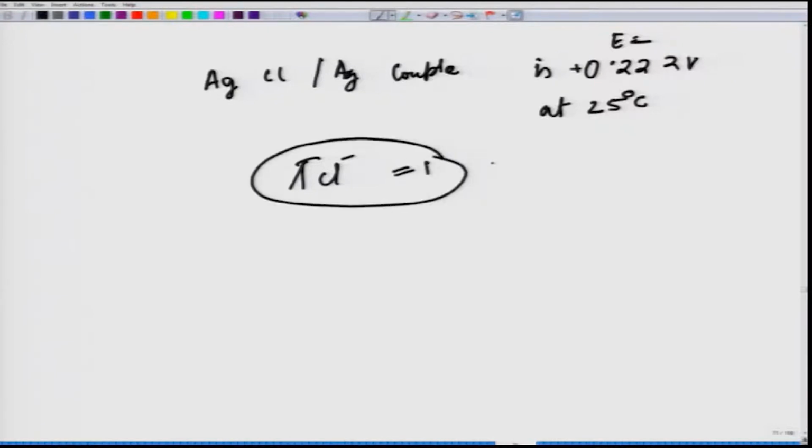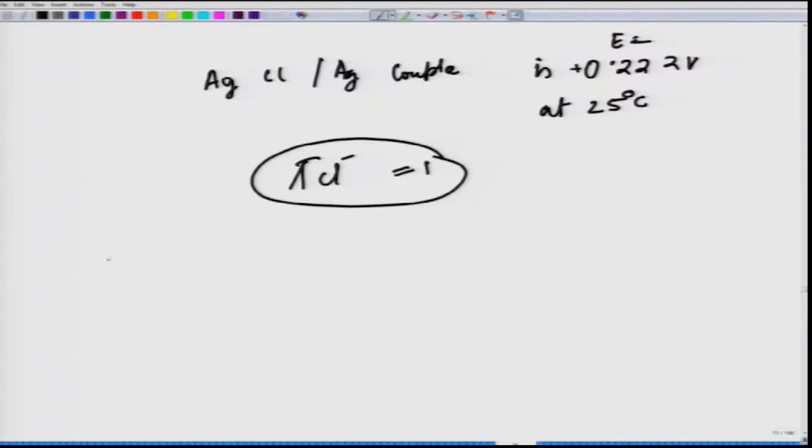Okay. This part is very important, but the activity of chloride in a saturated solution of KCl at 25 degree centigrade is not unity, and the potential of the electrode is 0.197 volt with respect to the SHE or standard hydrogen electrode at 25 degree centigrade.